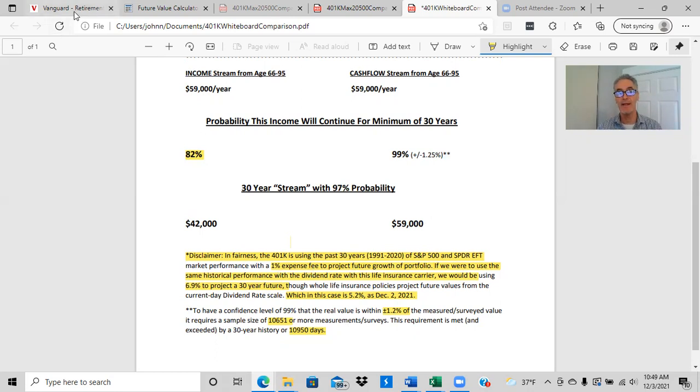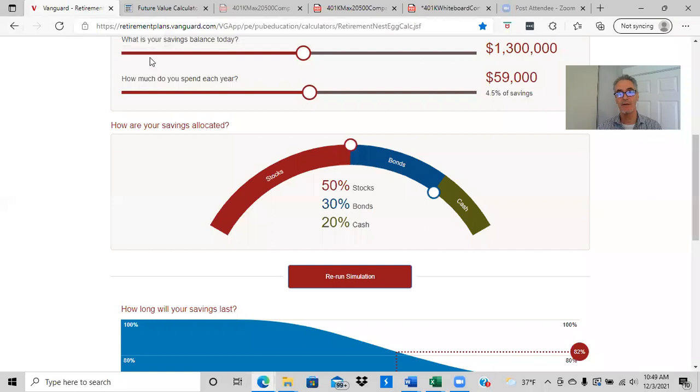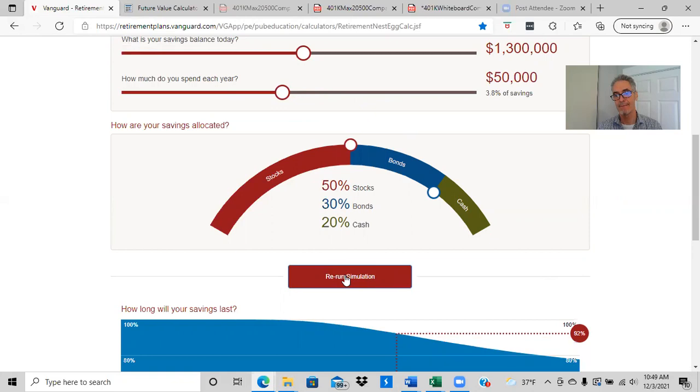Now, to do the same on this side, we want to figure out, well, how do I get this 82% probability to move up to that 97%? So let's take off, I don't know, 50,000, and let's run it again. It's 92%, so we're still short.